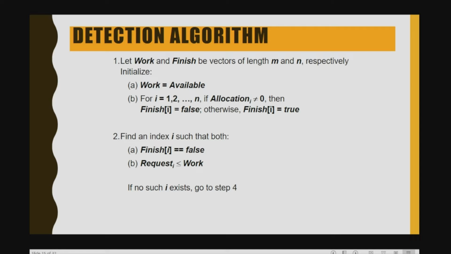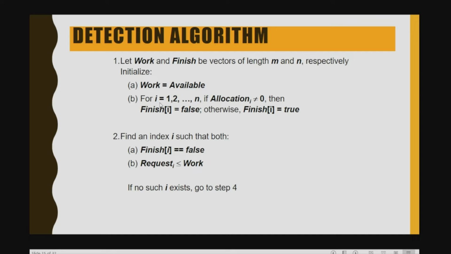So this is the algorithm for detection. Let Work and Finish be vectors of length m and n. Work equals Available. For i equals 1, 2, 3 up to n: if Allocation[i] is not equal to 0, then Finish[i] equals false; otherwise, Finish[i] equals true.